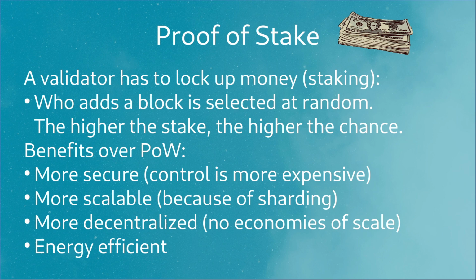Proof of stake also tends to be more decentralized than a proof of work blockchain, because with proof of work, the people with a lot of compute power are at an advantage compared to people with less compute power.